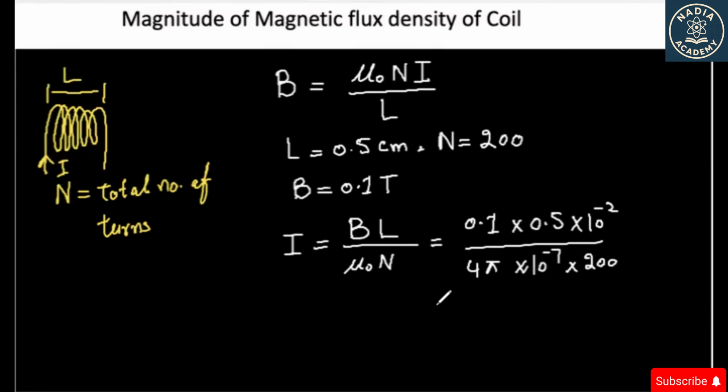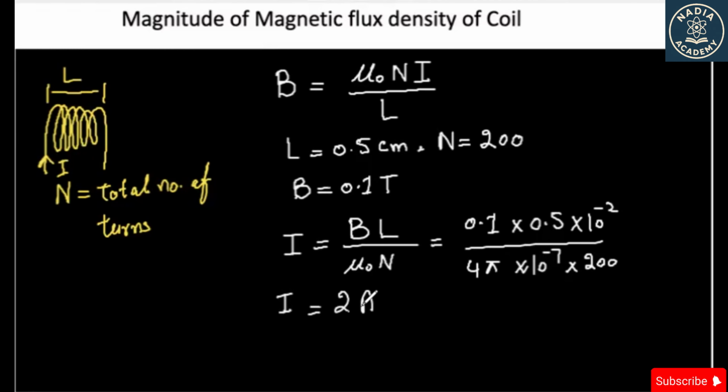So now we can find the current that we need to generate this magnetic field. Let's do the simple calculation.